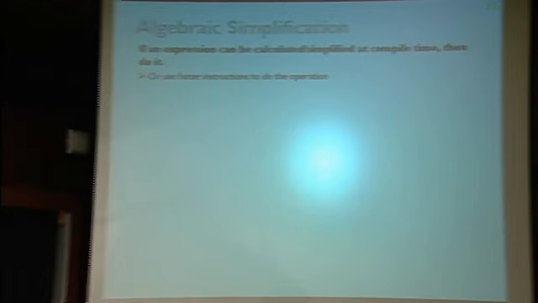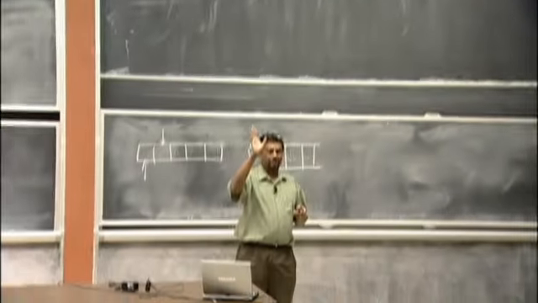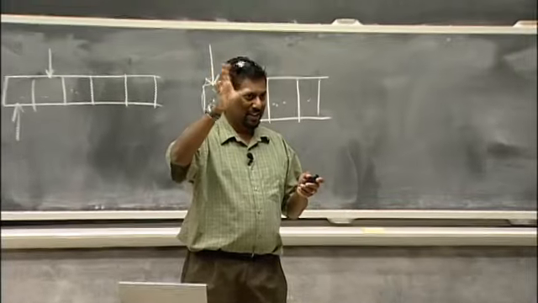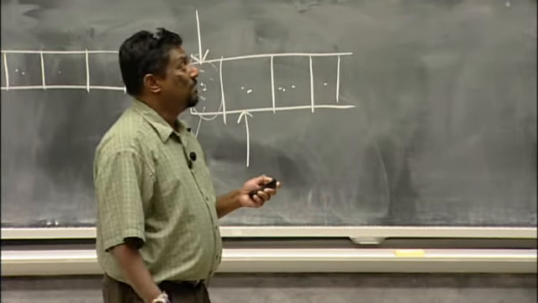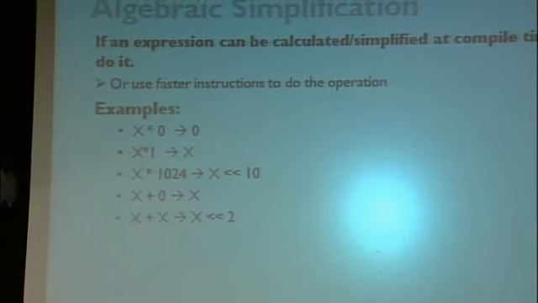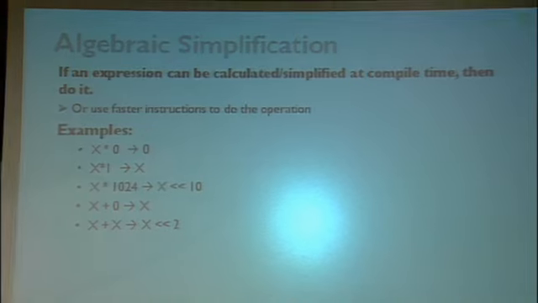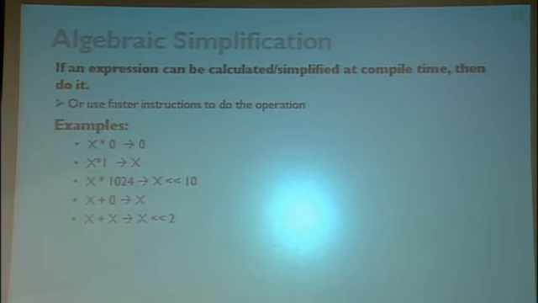Basically, you go to your 4th, 5th, 6th grade algebra book, wherever you learned algebra, and they have all these very simple rules, like something multiplied by 0 is 0, multiplied by 1 is itself, and all those rules. You can just code them up, look for these patterns and replace them. That's what the compiler does. In fact, we look at something like a simple shift, but you saw before that it does much more complicated things.